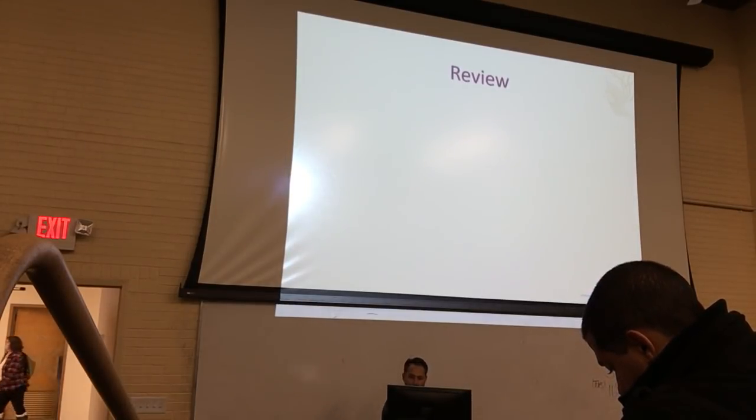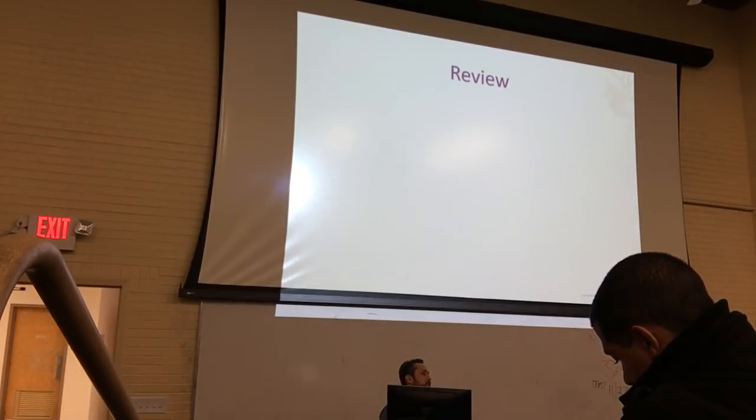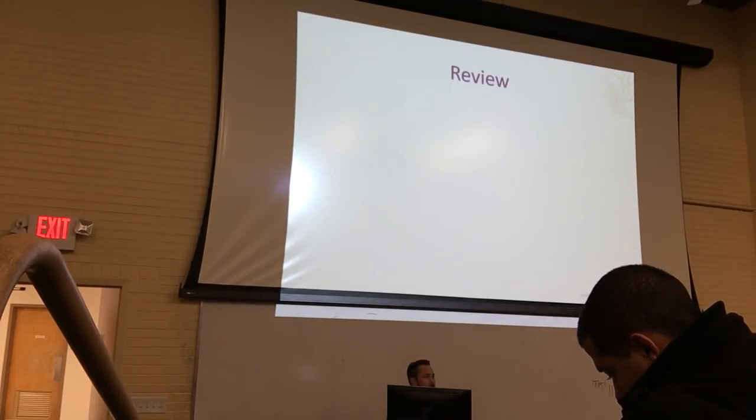Okay, so as we review, we talk about the units that function within the kidney. We talk about the nephron and the glomerulus. The glomerulus is the basic filtration unit, and the nephron is the basic structural and functional unit.